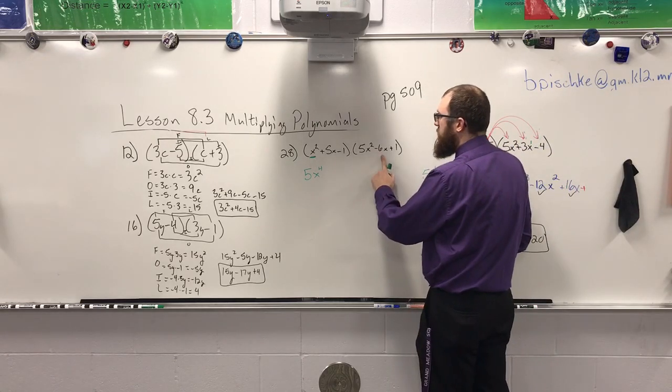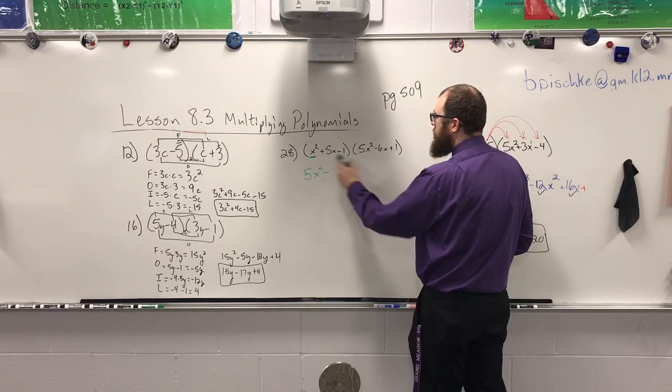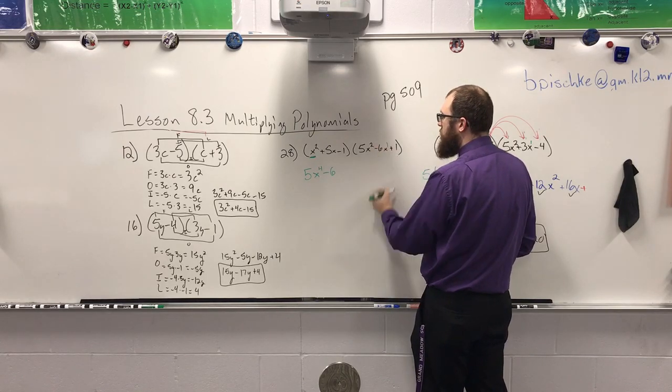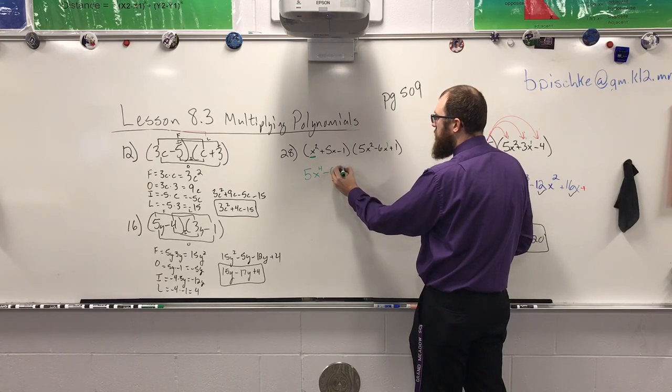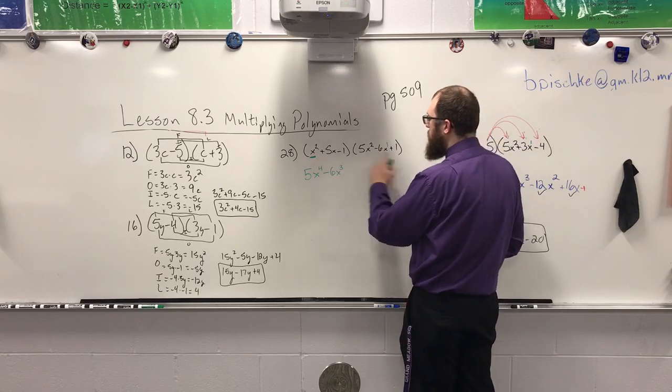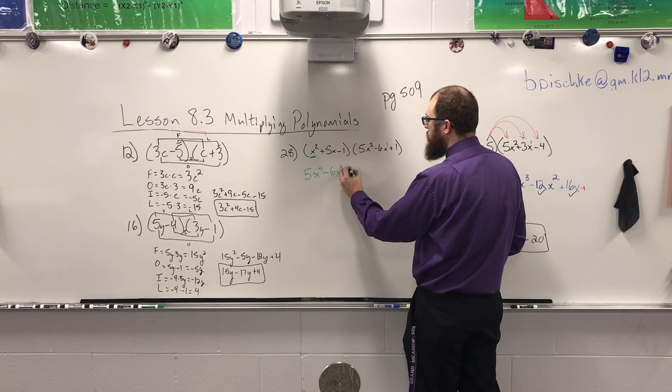X squared times negative 6x. Coefficient times coefficient, 1 times negative 6 is negative 6. X squared times x to the first gives me x to the 3rd. Times out to the last, x squared times 1 is x squared.